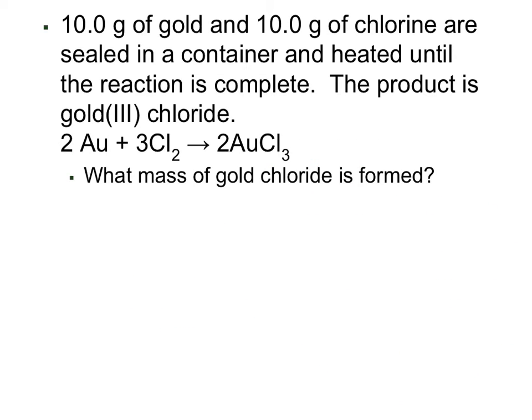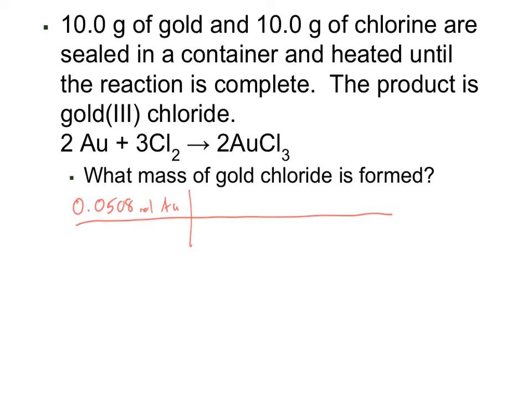And so our next step then is to find what is the actual mass of gold chloride that is formed. We calculated that we're starting with 0.508 moles of gold. And so then we just set up the rest of our stoichiometric calculation to find our mass of gold 3 chloride.